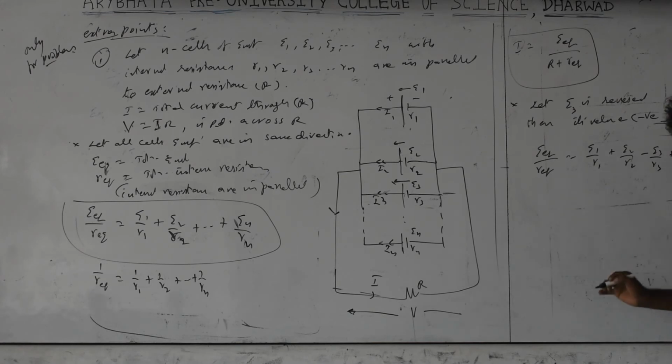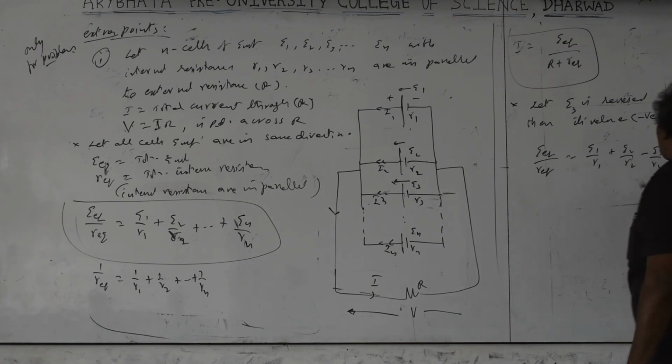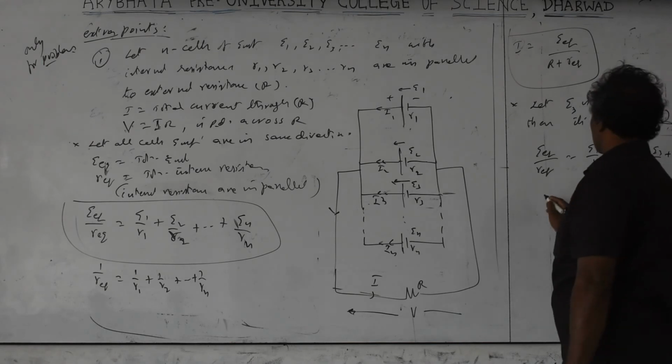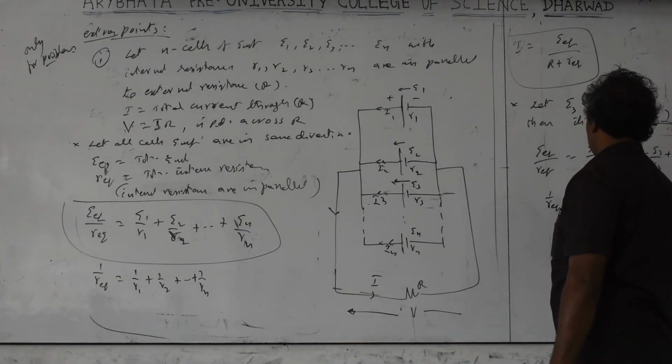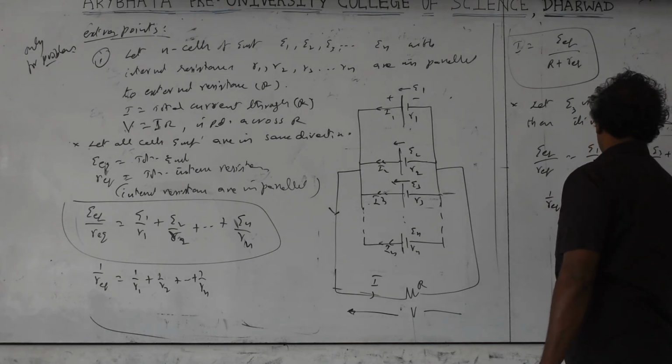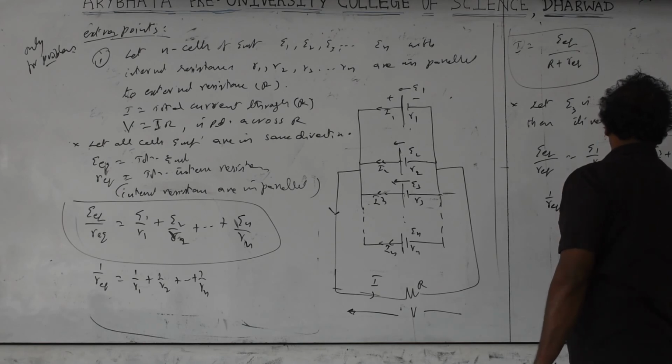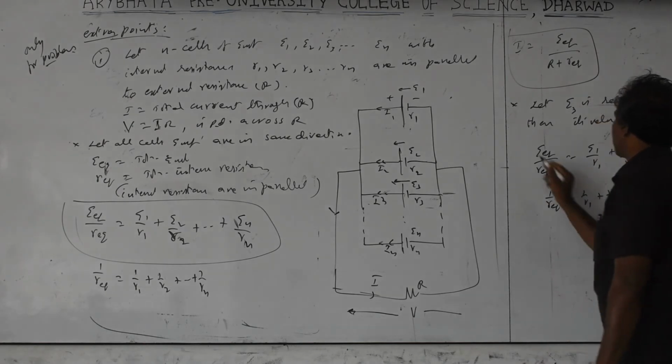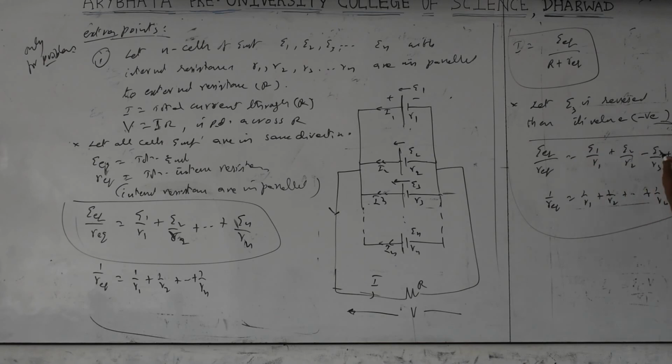This won't change. And for internal resistance, 1 by R equivalent is 1 by R1 plus 1 by R2 plus and so on plus 1 by Rn. There is no change in the term of internal resistance. The only thing is, whichever cell is reversed, you have to take a minus.